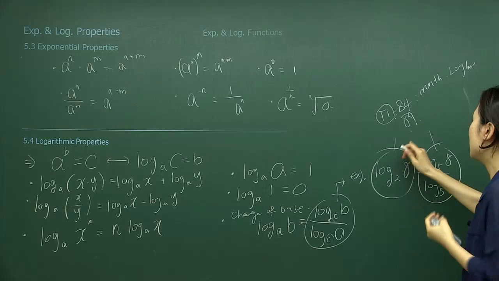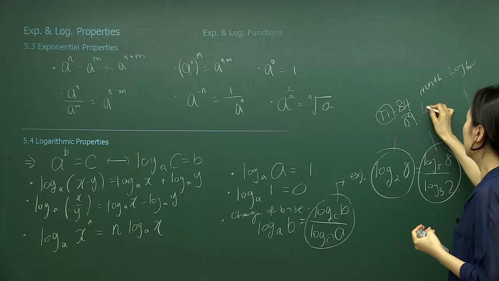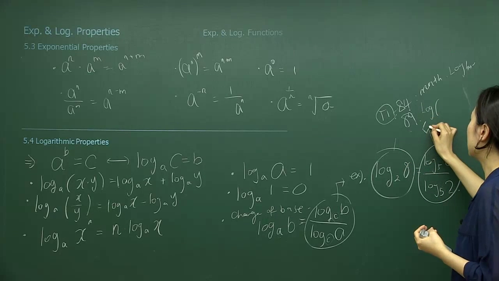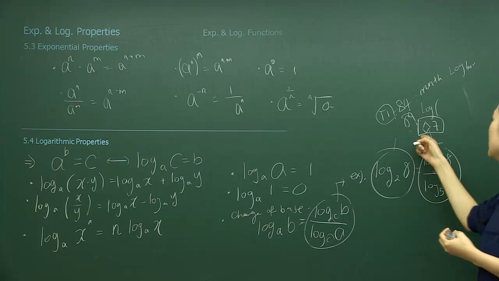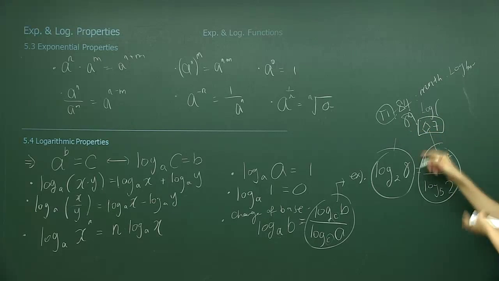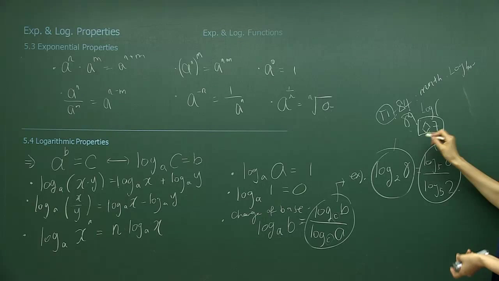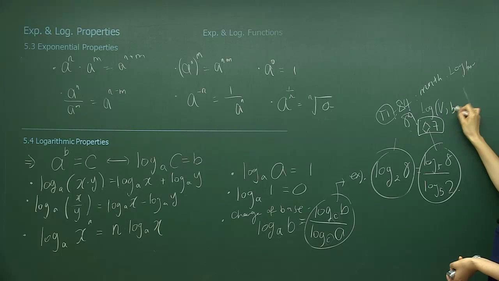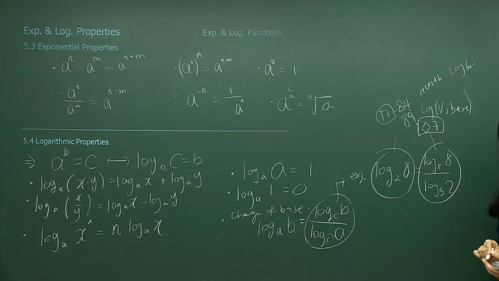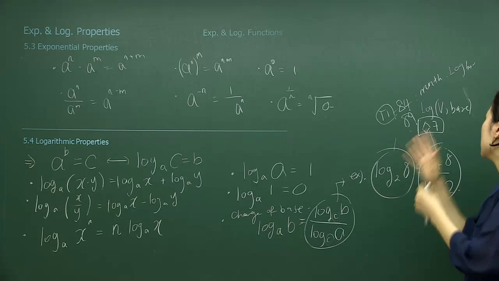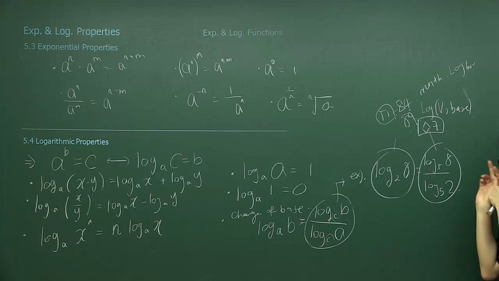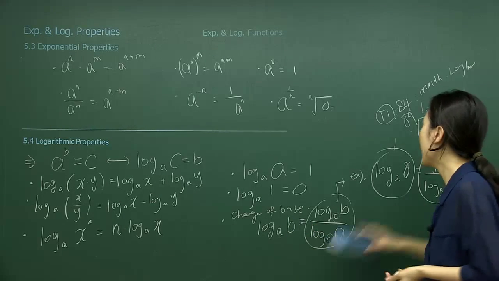And for TI-89s, you have to go to log by pressing the diamond and then 7. And then you have to put the value first, then the base. You have to actually write the base after the comma. Just remember that.